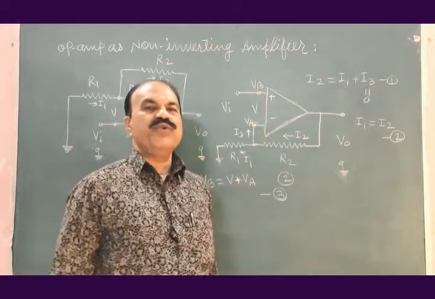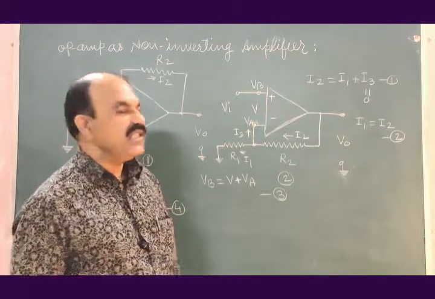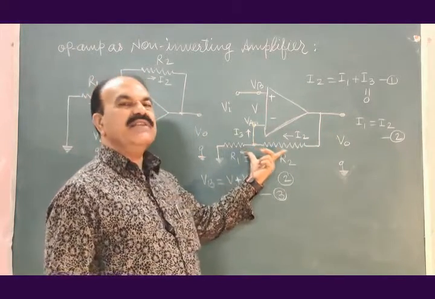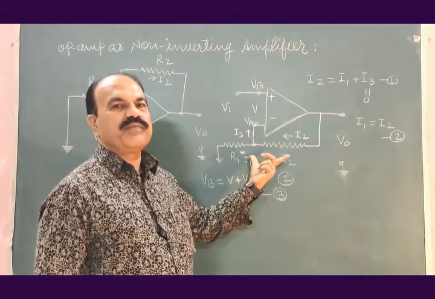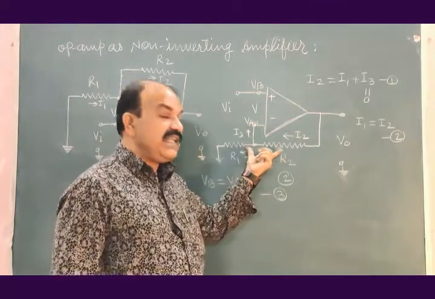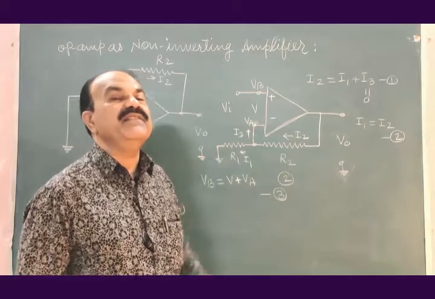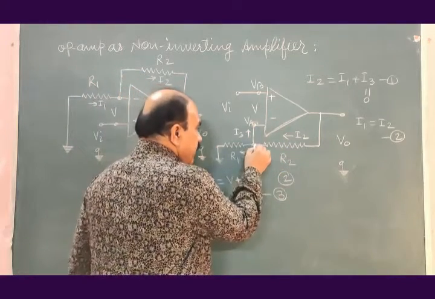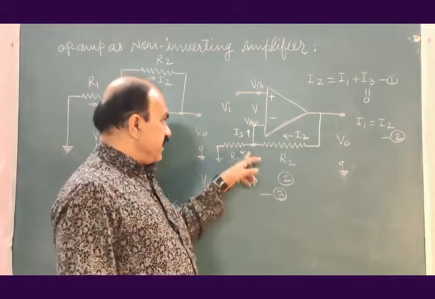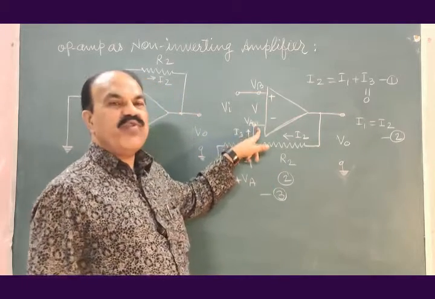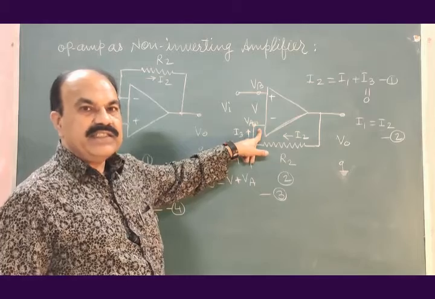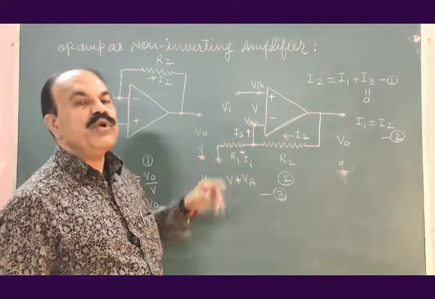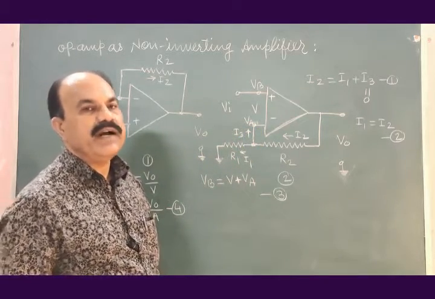So voltage Vo is measured across the series combination of R1 and R2. This is acting as a voltage divider network. Out of Vo, the voltage across R1, that is Va, is provided at the inverting input of the operational amplifier.